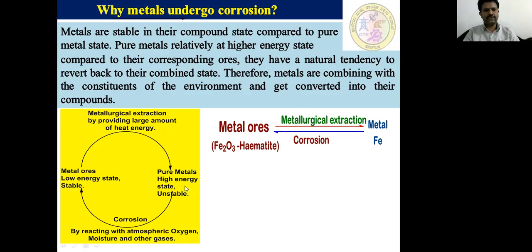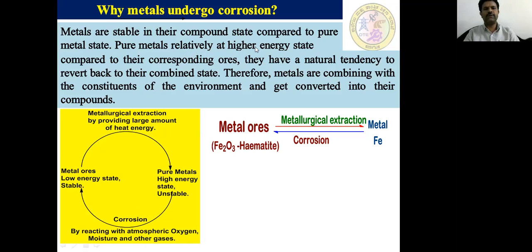Hence, these unstable pure metals try to get stability by reacting with the constituents which are present in the atmosphere. So you can see the metals in the compound ore form, by providing heat energy through the metallurgical extraction process, we obtain pure metals in an unstable state with high energy, and to attain stability, these metals will react with the atmospheric constituents. This process we call corrosion.